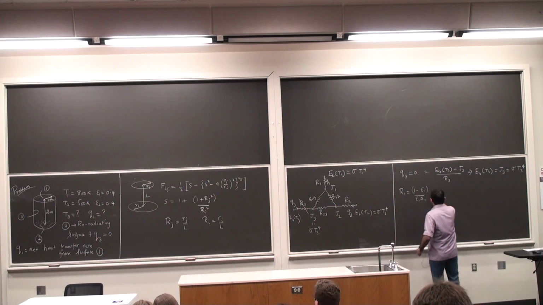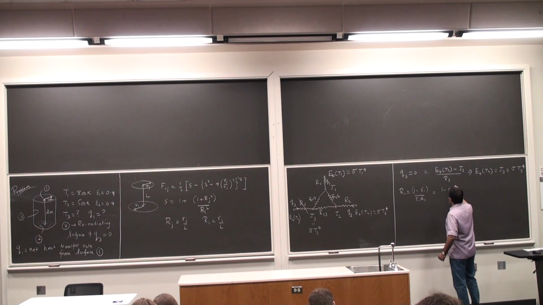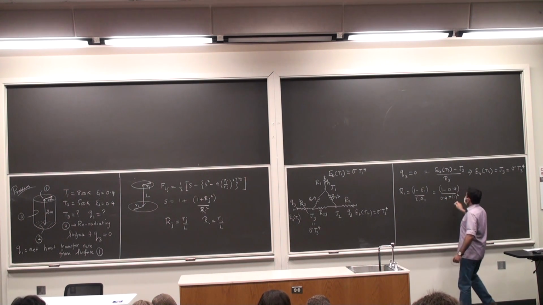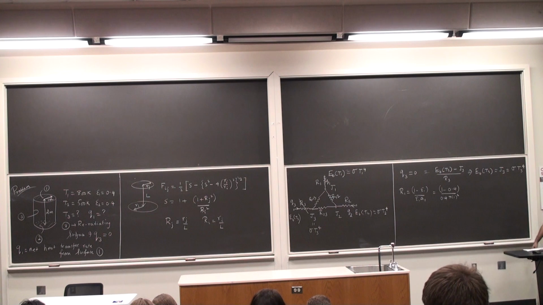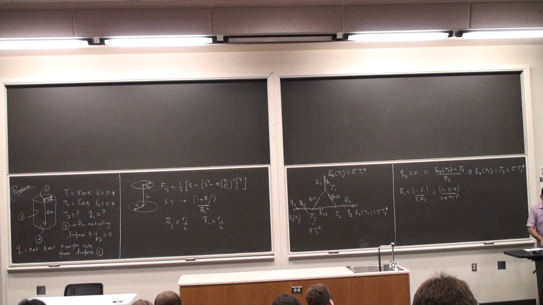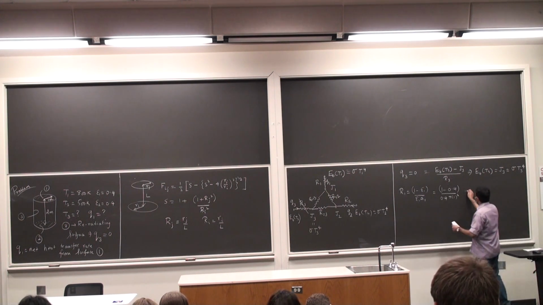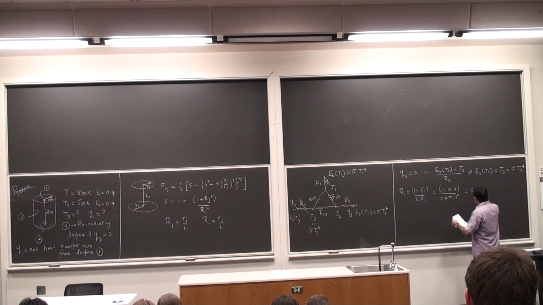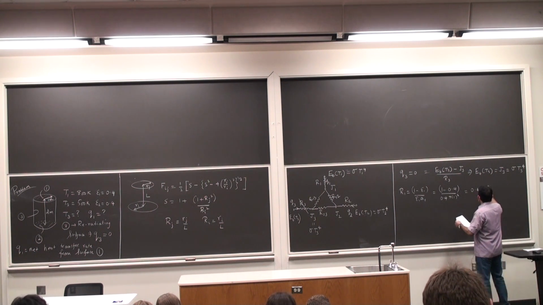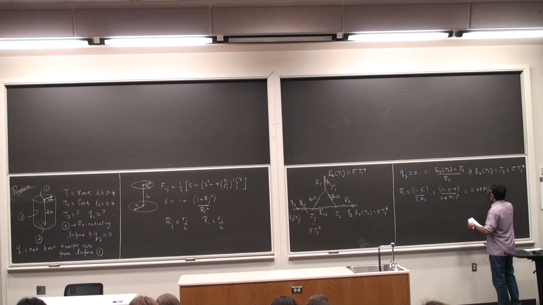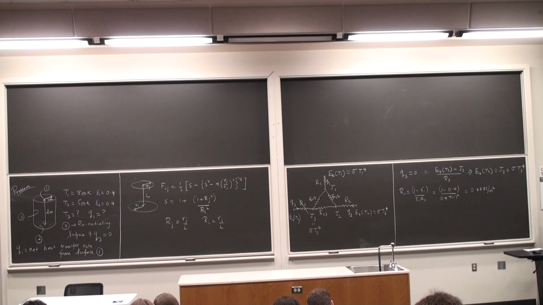Alright, so R1 is (1 minus 0.4) by 0.4 times pi r square, which is the surface area. Okay, and I have these numbers here. This is 0.4775. Units are per meter square.